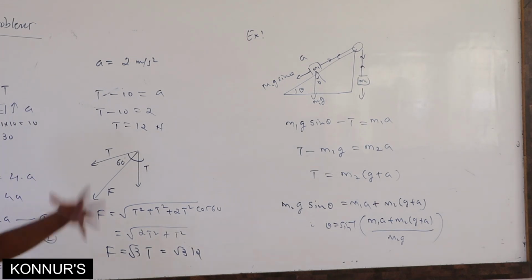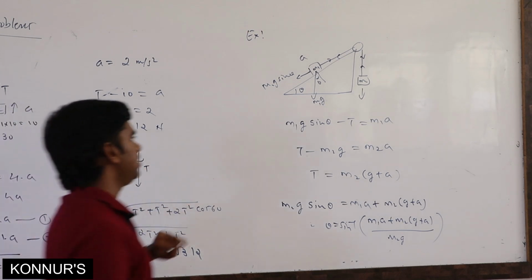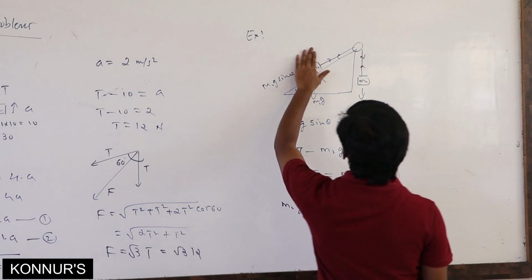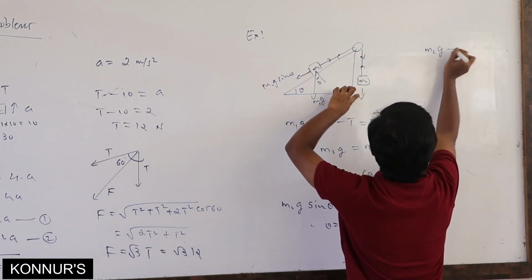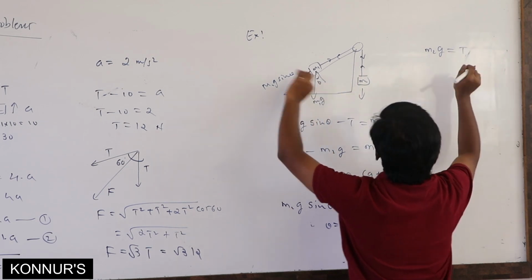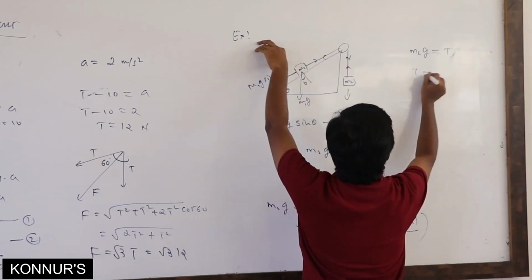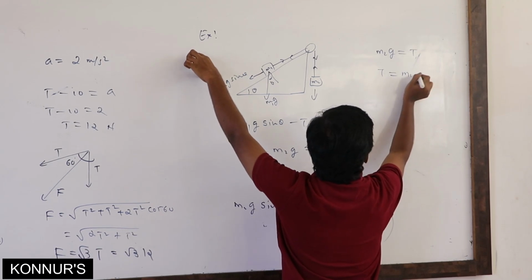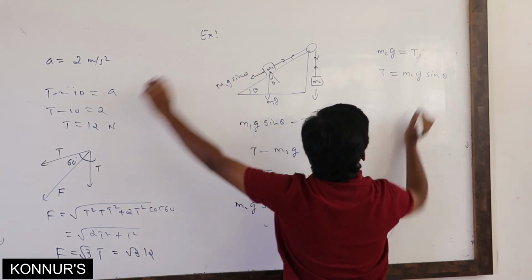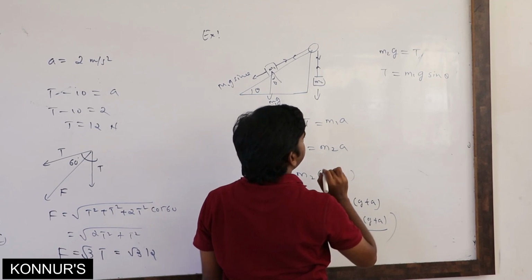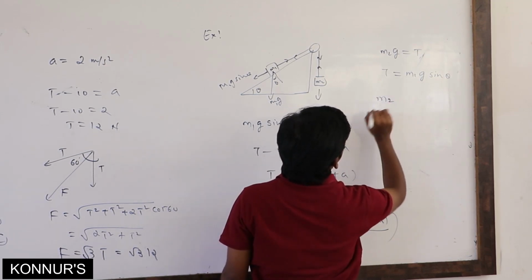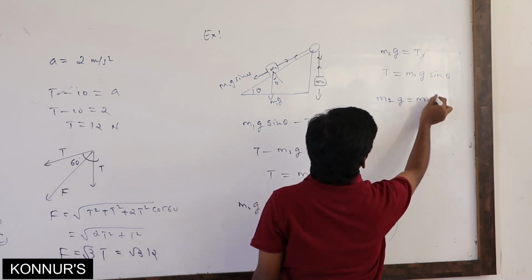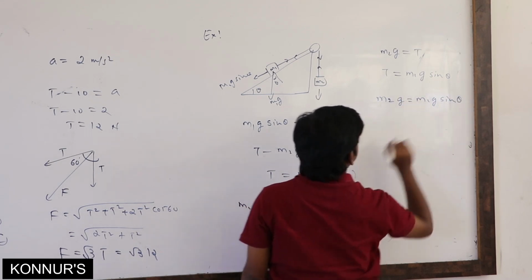Suppose if you consider they are in equilibrium, if they are not moving, then it will become very easy. If there is no acceleration, what will happen? So m2 g equals T. Similarly here T equals m1 g sin theta. So what will we get? m2 g equals m1 g sin theta.